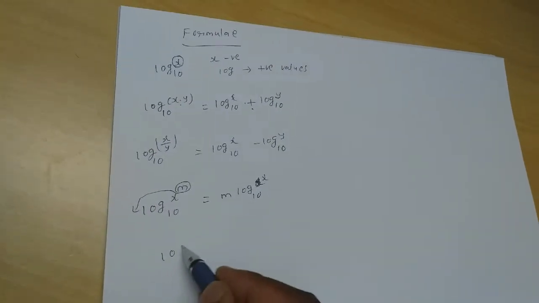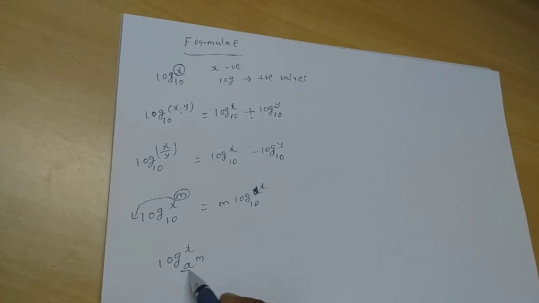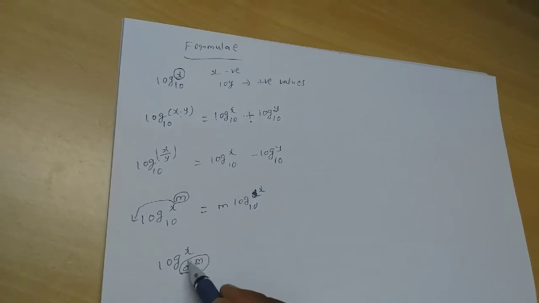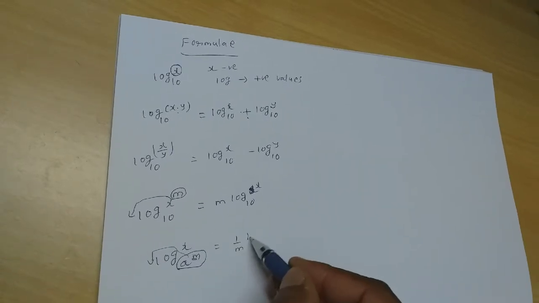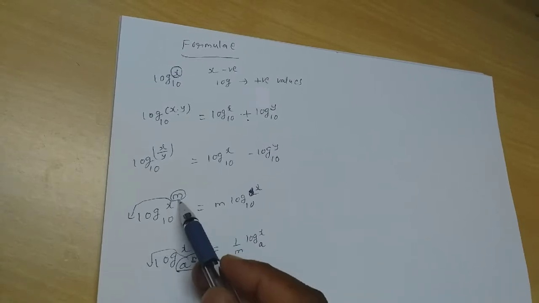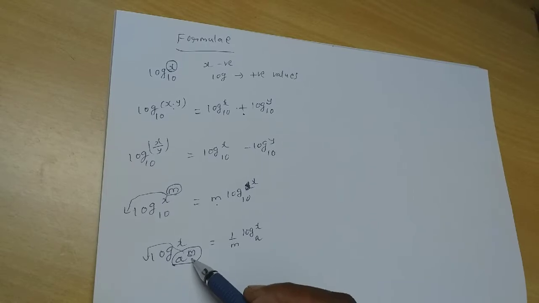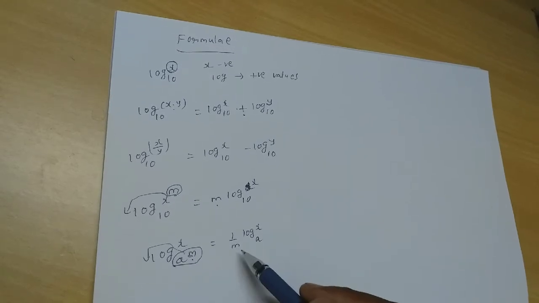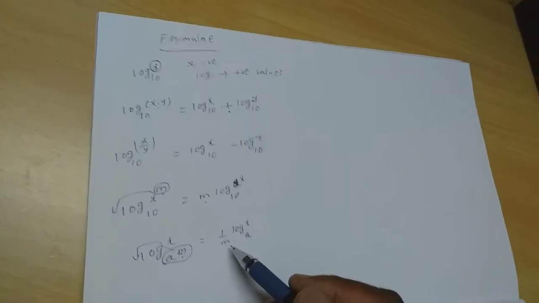Now the same thing, if I say here it is x and here the base has a power m. This m wants to come before the log. In that case this will become 1 by m, log x base a. Are we clear? If x has got power m, that will come as it is, m. If the base has got power m, and it wants to come before the log, it will become 1 by m. Am I clear so far?